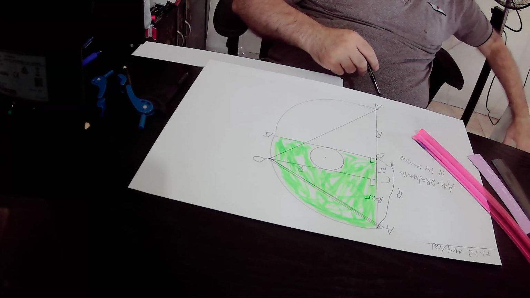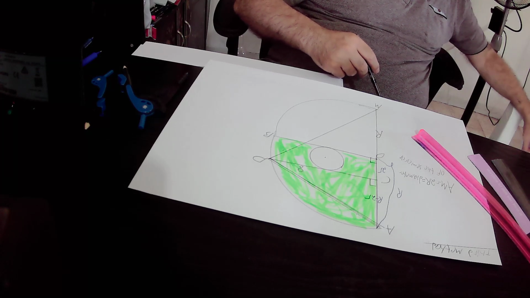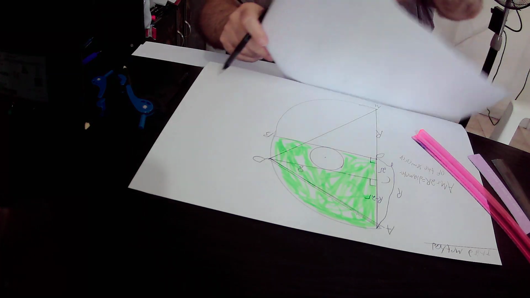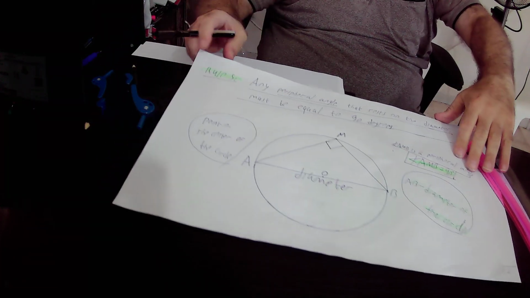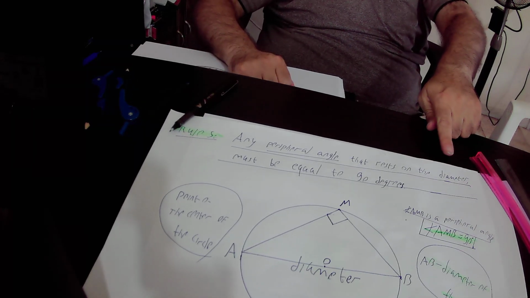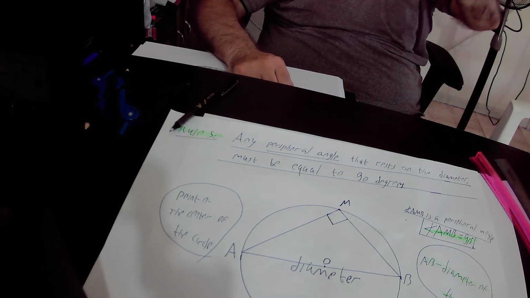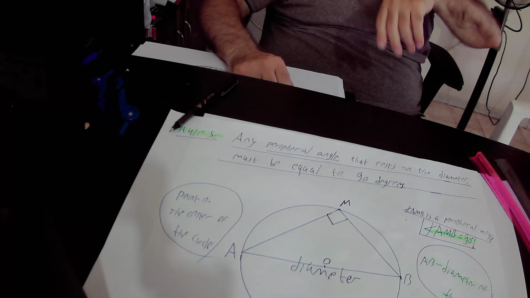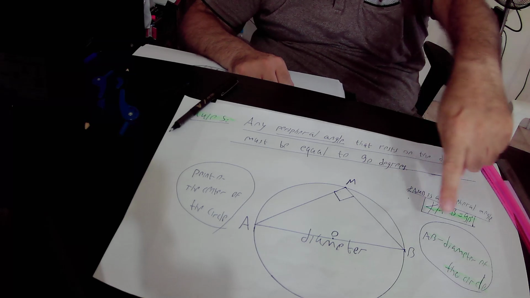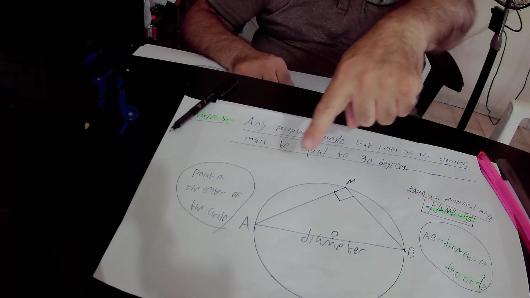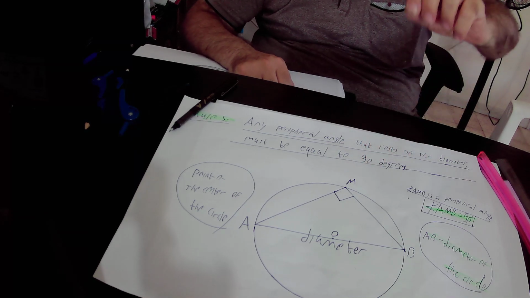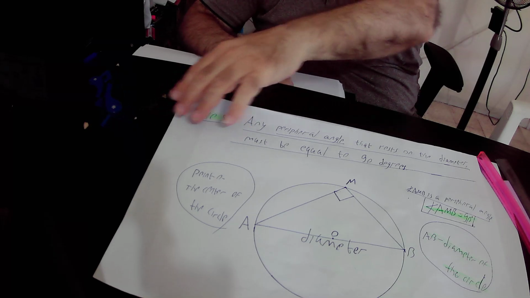According to rule number 5, any peripheral angle that rests on the diameter of the circle must be equal to 90 degrees. Here we have peripheral angle AMB that rests on AB, that is the diameter of the circle. Therefore, peripheral angle AMB equals 90 degrees according to rule number 5. We can implement rule number 5 in our drawing.